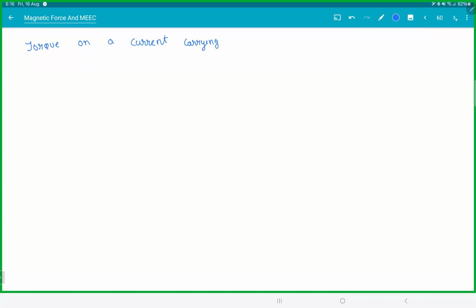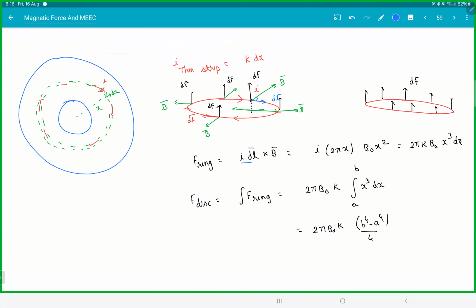You guys are too curious about everything, right? They were saying this dl is for a small segment, right? So technically, I should integrate first for the ring and then integrate further all rings to make it a disk. That's all it was. That you also know.